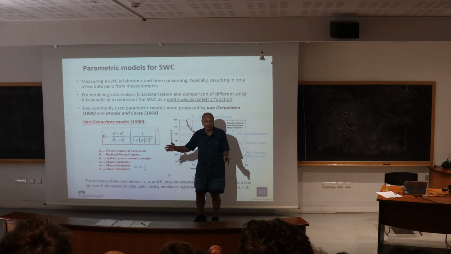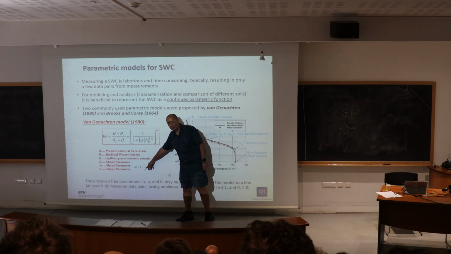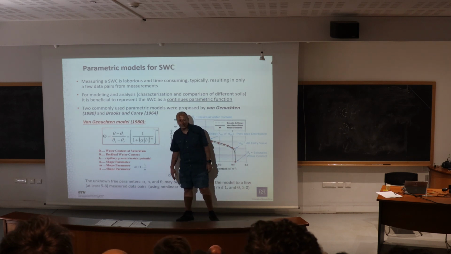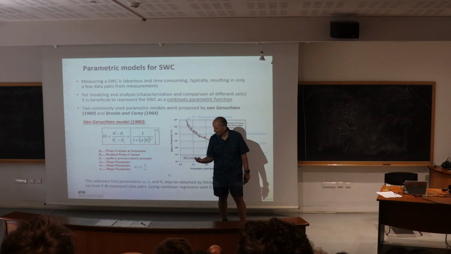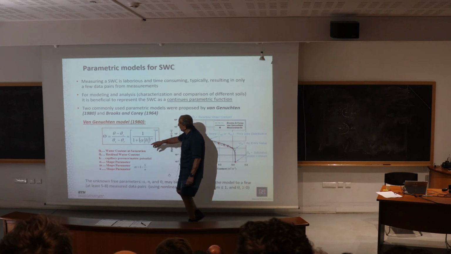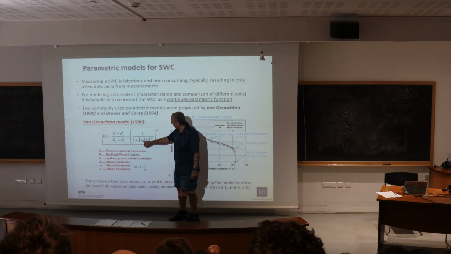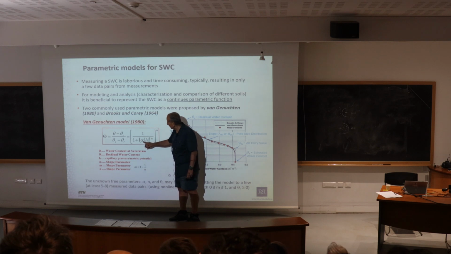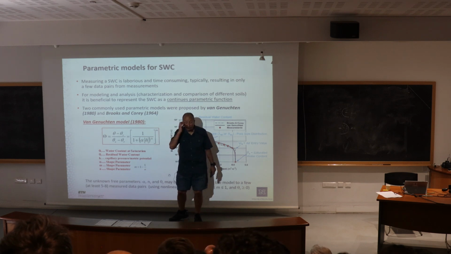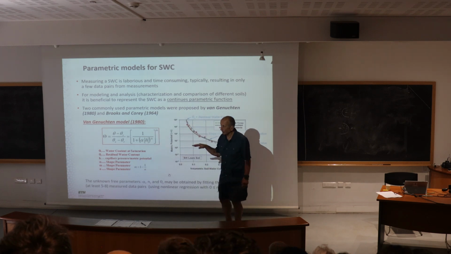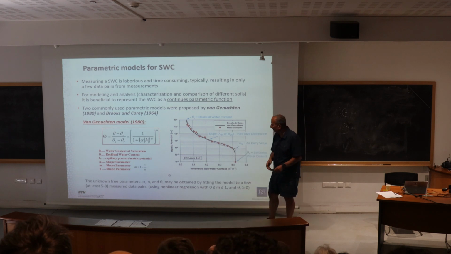To make things simpler, we use some reduction here. We say m and n are related. So we have 4 parameters: theta s, theta r, alpha, and n. And that's all we need to fit a retention curve to measured data points.